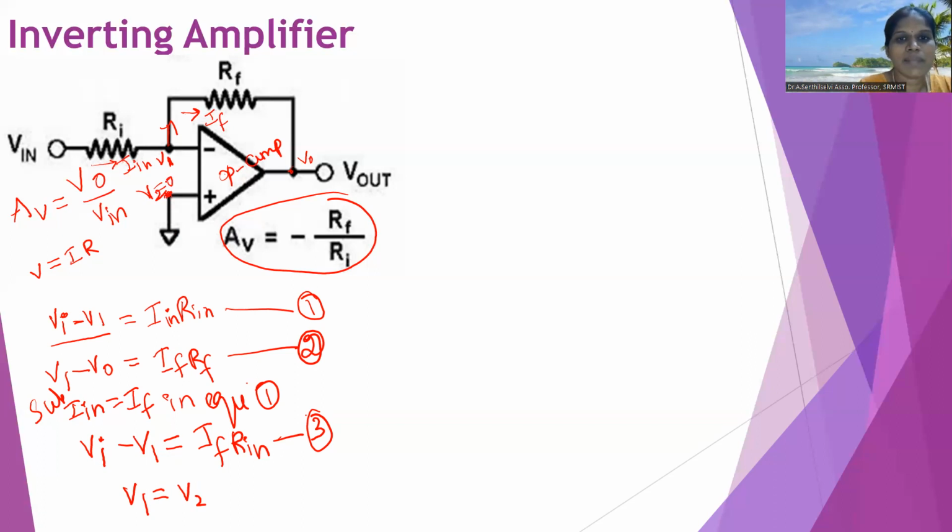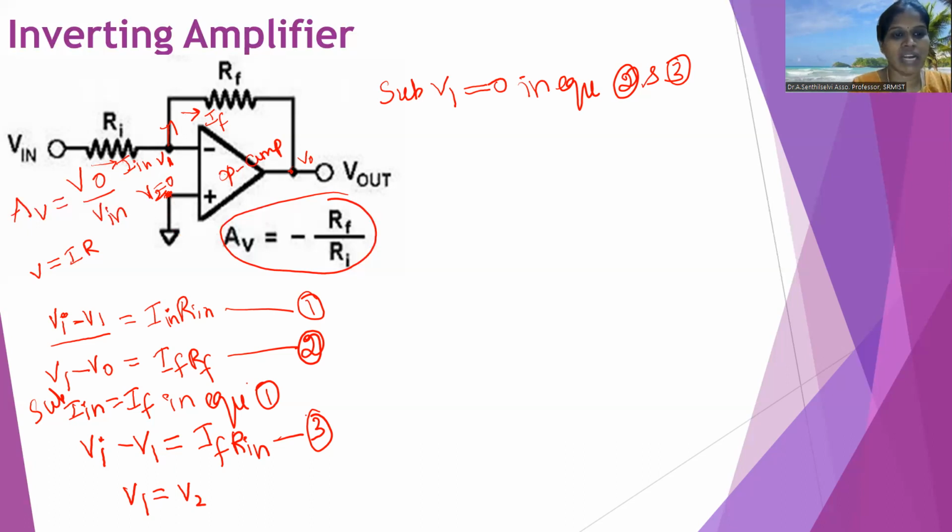Hence V2 equal to 0, and V1 is also 0. We substitute V1 equal to 0 in equations 2 and 3.